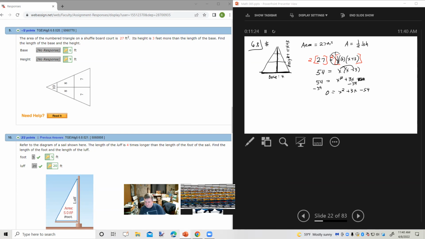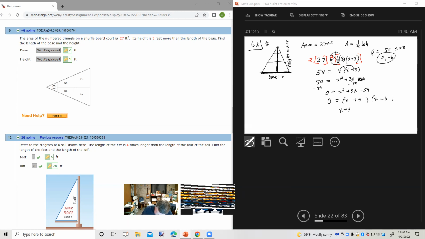So far, so good? Yes. All right. 0 equals x. So the product is negative 54 and the sum is 3. How about a 9 and a negative 6? Plus 9 minus 6. Okay.